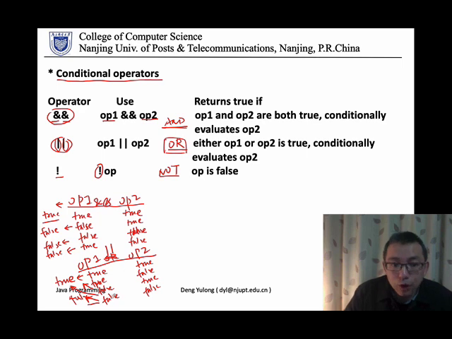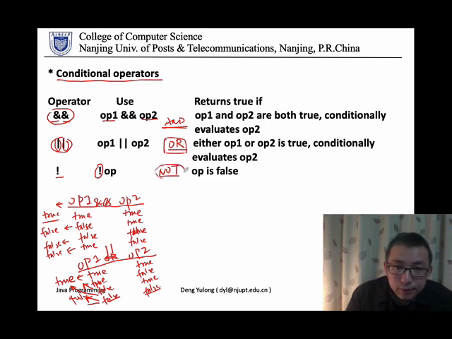Okay, only when both are false is the result false. This is what the double bar operator means. We make the OR operation on the two operands.